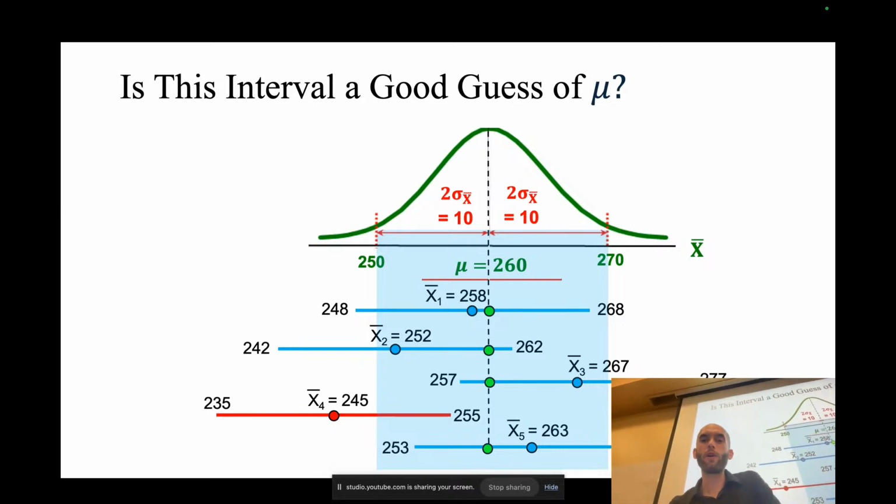And so what we're going to do with confidence intervals is, instead of thinking about the distribution being around mu, we're going to think about the distribution being around x bar, because the central limit theorem tells us something about the distance between the 2 things. If we know the distance between the 2 things, we can just move the distribution from one to the other. That's the trick that allows us to know so many things about our world.